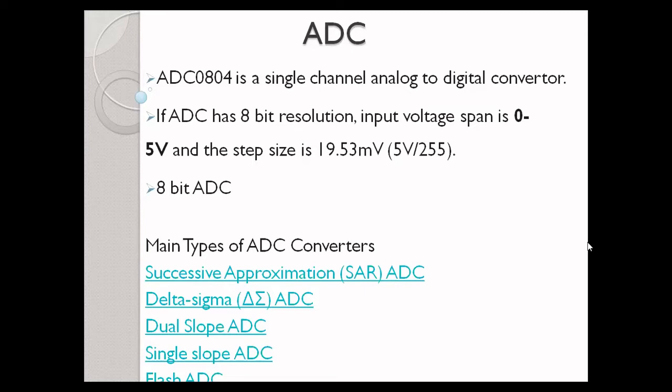So 5 volt divided by 255 is equal to 19.53 millivolt. So if you take digital 1, the voltage is 19.53 millivolt. If the digital value is 2, then 2 into 19.53. So that is your analog voltage.